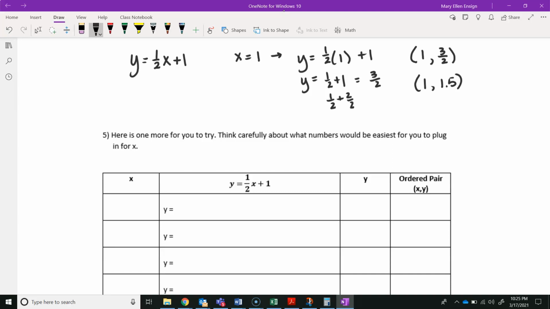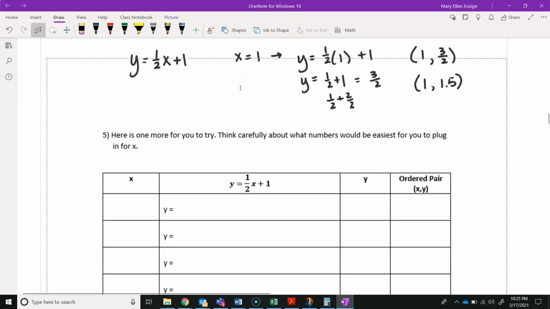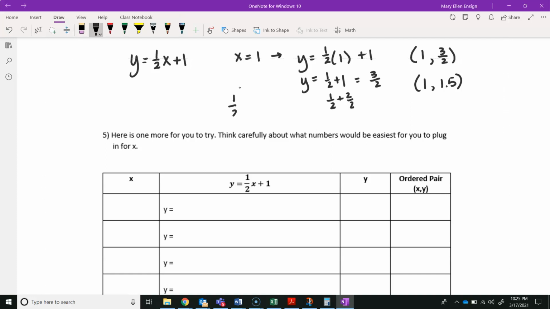So when we have a fraction in front of the x, what would be really nice is if we could pick values of x so that I only get integers. If I have 1/2 times some value of x, it would be great if this became an integer instead of a fraction.